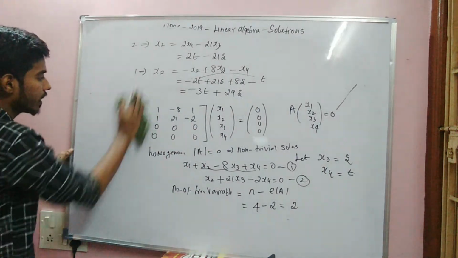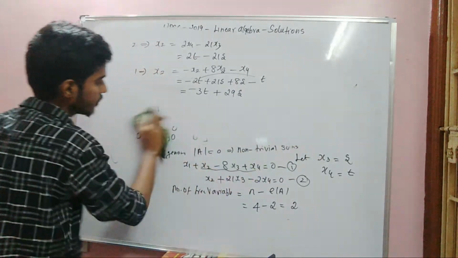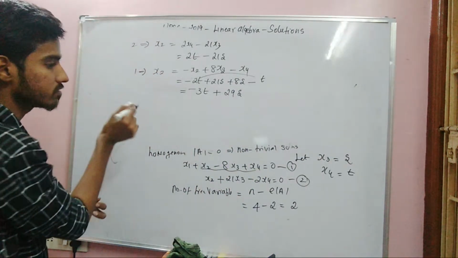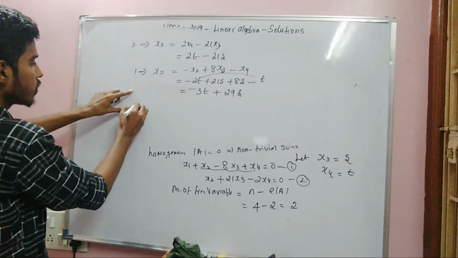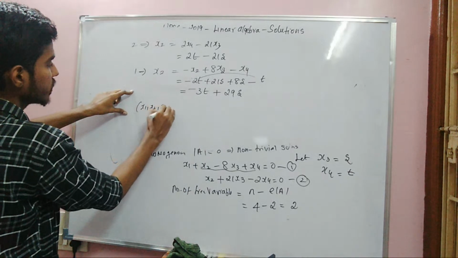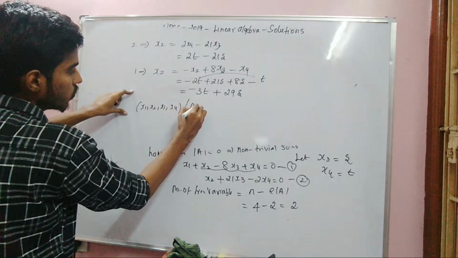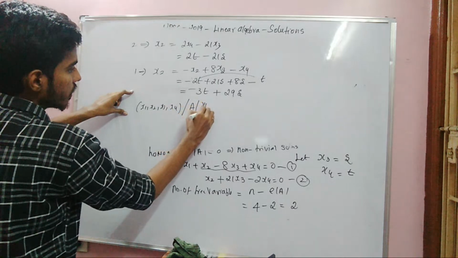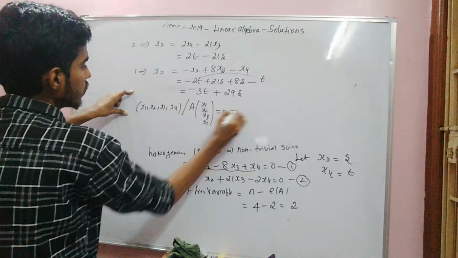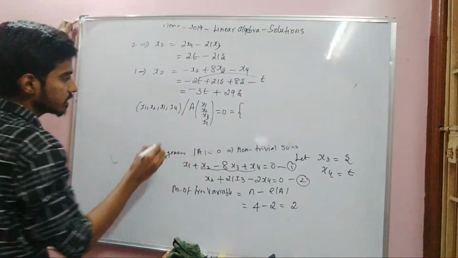If they ask us to find the dimension, okay, let me finish this and then I will explain more, right? There are many more concepts hidden in this. So that means the set of x1, x2, x3, x4 such that A into x1, x2, x3, x4 is equal to 0 is the set containing, what is our x1?